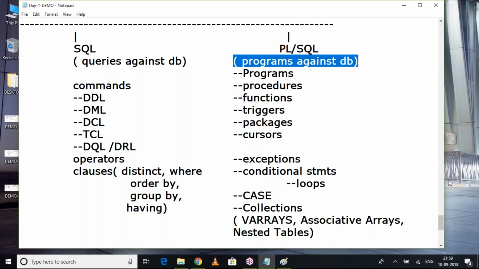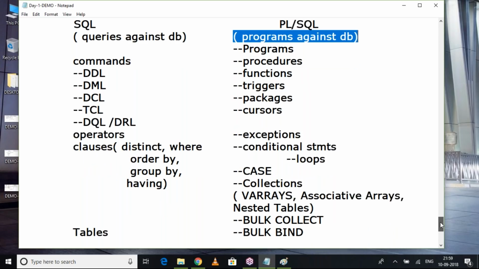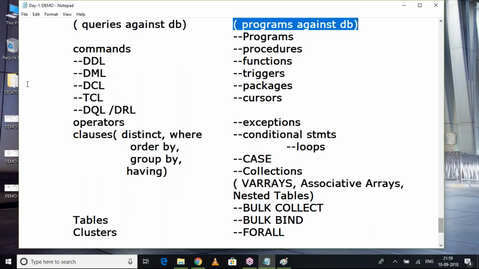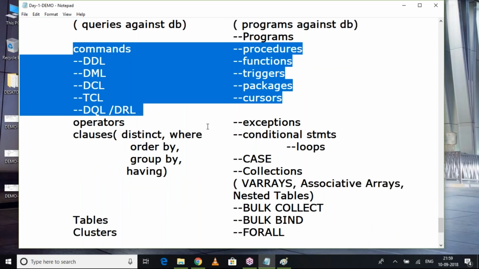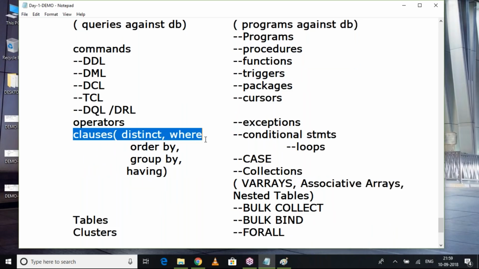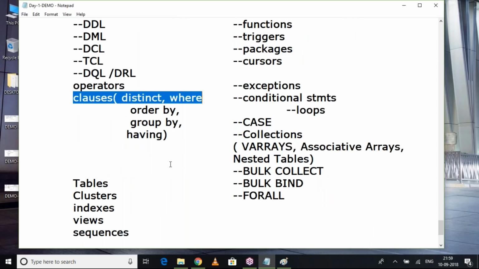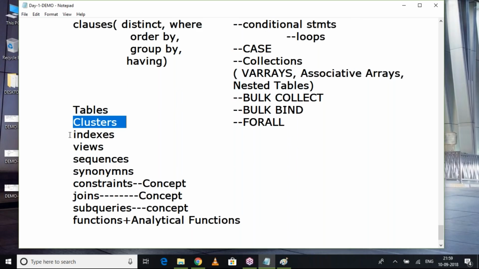The concepts we are learning under SQL: commands, all commands and all classes we will discuss. Objects: tables, clusters, indexes, views, sequences, synonyms.